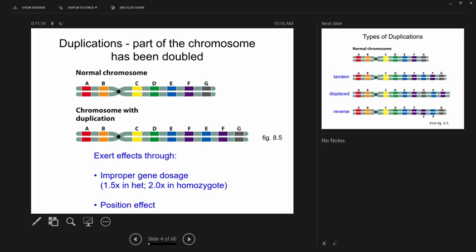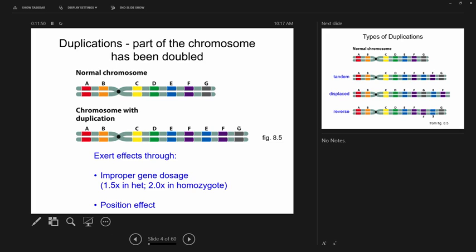That may not seem like much, but when you're talking about the gradients of signals that are required for determining which end of you is your head, which end of you is your feet or your tail if you had one, which side of your hand has the thumb on it and which side of your hand has the finger, which side of your arm is the side that's out, developing the outside of your body, which side is the side that's closest.